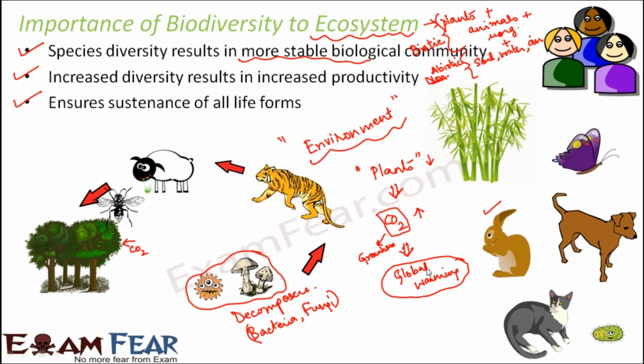No, this is not good for the environment. This is not good for the survival of living organisms on earth. So if the species diversity starts reducing, it has an adverse effect on the environment. Because of all these reasons, it is very important to conserve biodiversity, that is, to protect the variety of living organisms existing on the earth.